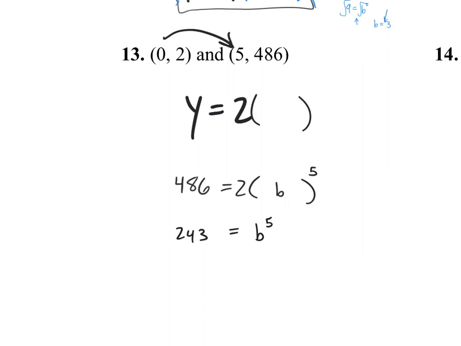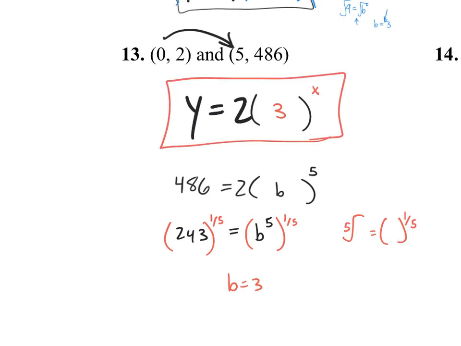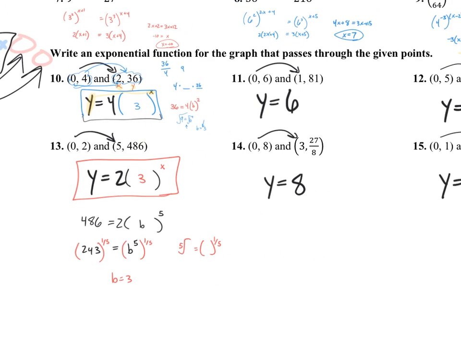Now we're going to need to take the 5th root, or raise both sides to the 1/5 power, because remember that the 5th root is the same thing as something to the 1/5 power. And when you do 243 to the 1/5 power, you'll get that b value is equal to 3. So there is the original equation.